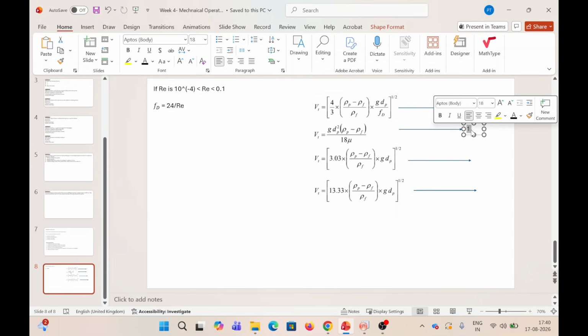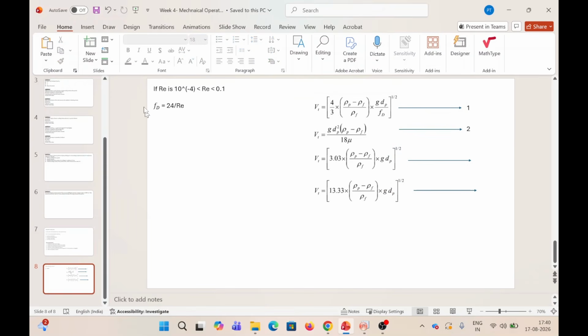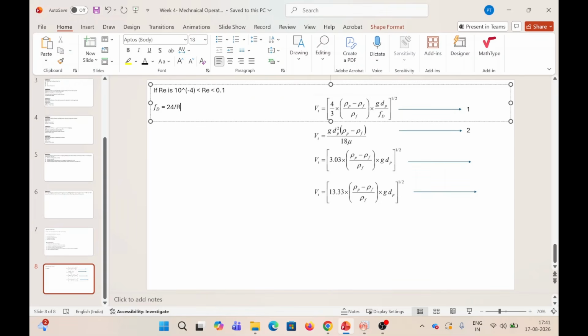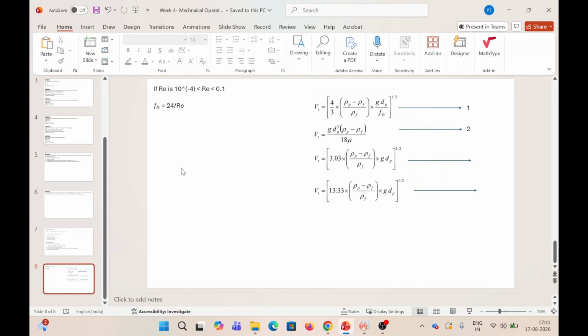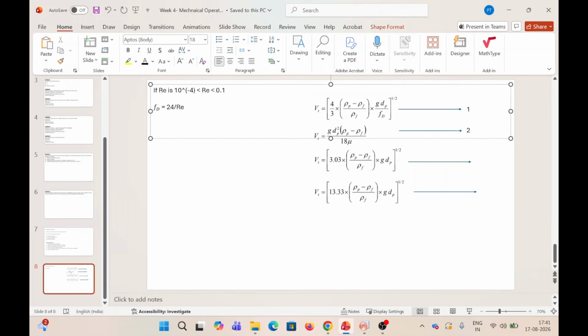So you will get equation 2. When the value of fd is 24 by Re, then equation 1 is modified to equation 2.